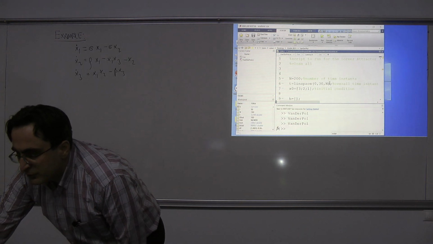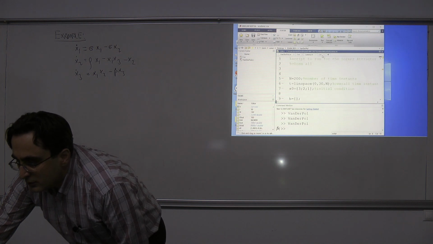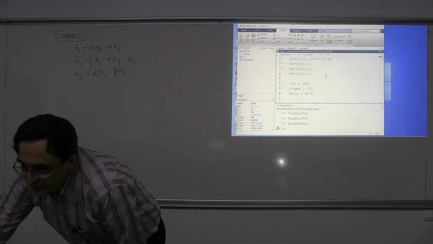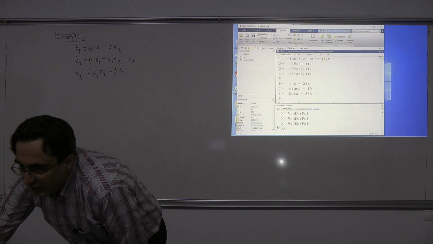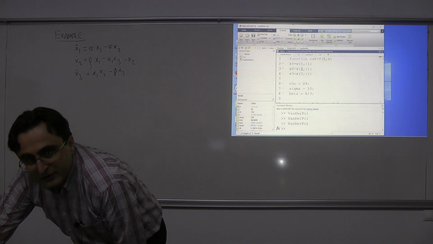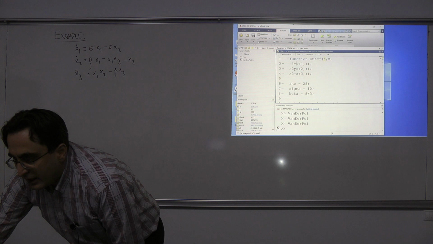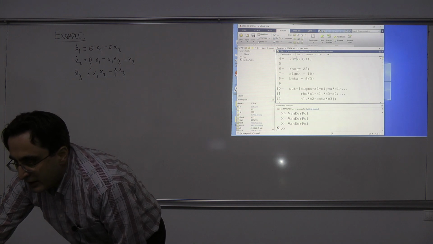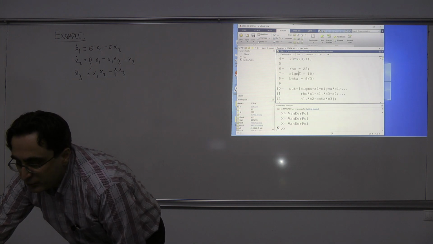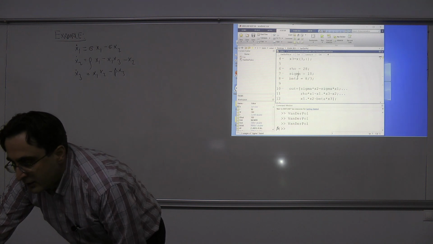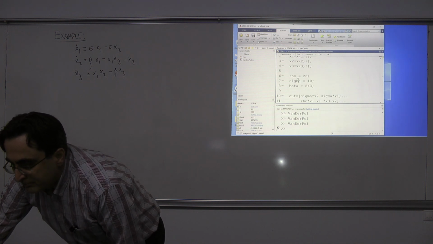So the implementation for this example is really very, very similar. So I have a three-dimensional state in this case. So you see that I have x1, x2, x3, and I just select some parameters here for which the chaotic behavior would be seen.